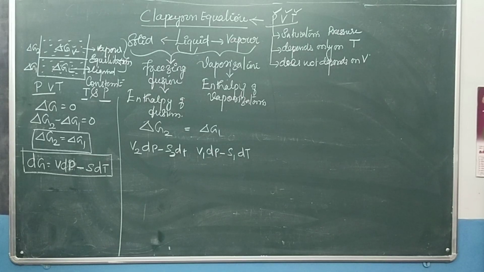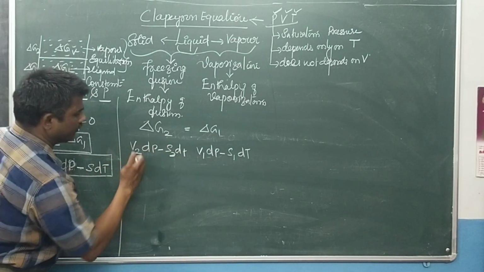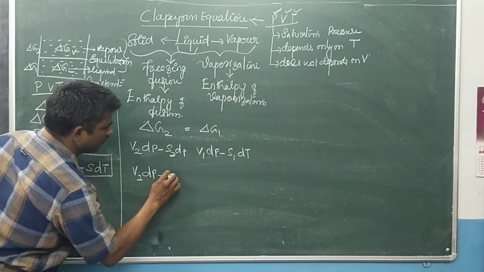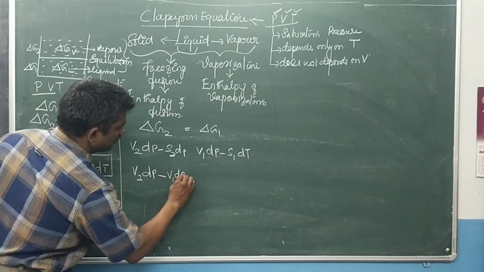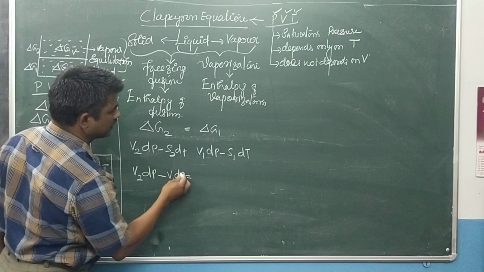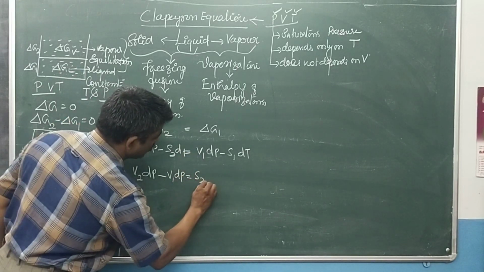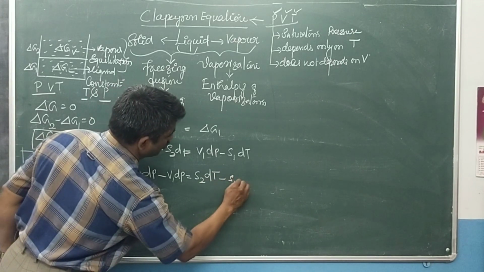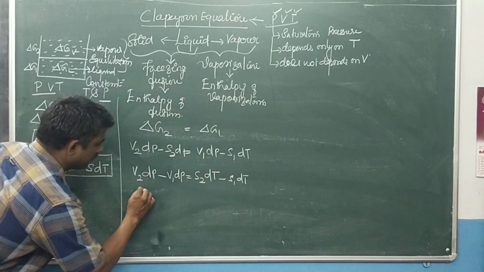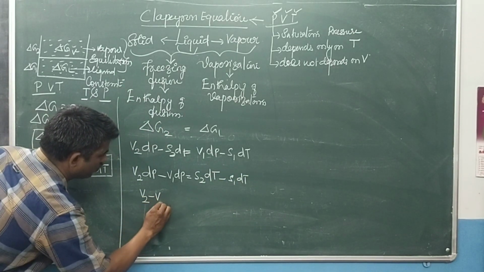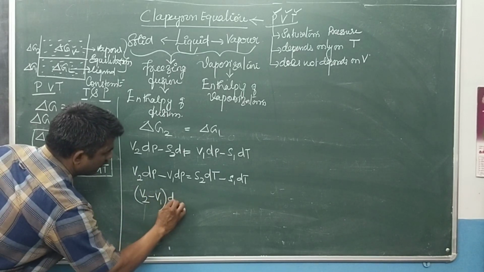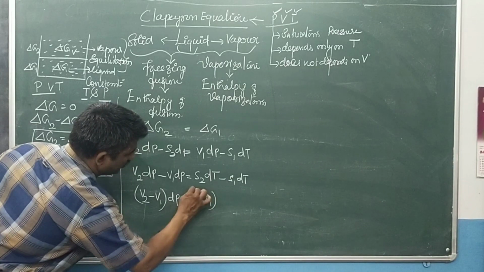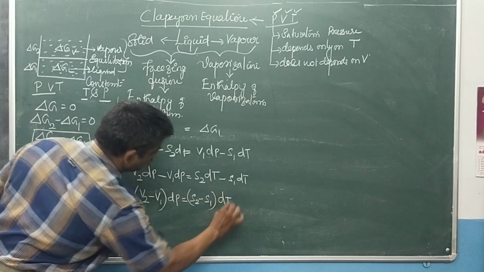For the sign change, V2 minus V1. Listen, V2 dP minus V1 dP is equal to, this is on this side, S2 dT minus S1 dT. Hence, this equation becomes (V2 minus V1) dP is equal to (S2 minus S1) dT.